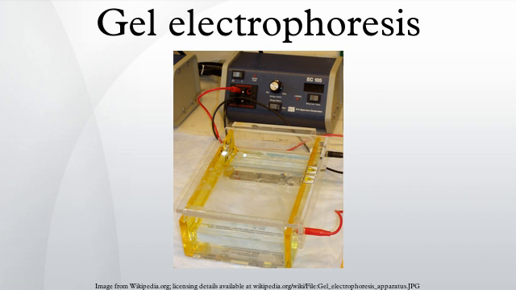Acrylamide, in contrast to polyacrylamide, is a neurotoxin and must be handled using appropriate safety precautions to avoid poisoning. Agarose is composed of long and branched chains of uncharged carbohydrate without cross-links, resulting in a gel with large pores allowing for the separation of macromolecules and macromolecular complexes.